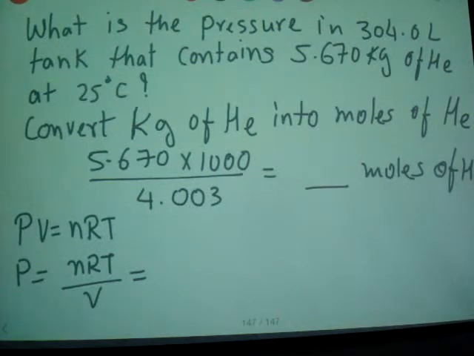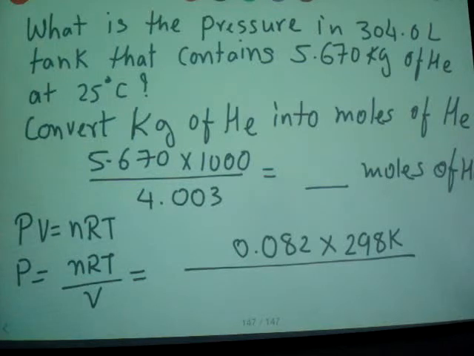What do you find for the number of moles of helium? Go ahead and let me know. And we can plug that in. R value is 0.082. Temperature is 25 degrees Celsius, so you can always convert to 298 Kelvin. Volume is 304.0 liters. Now what do you get for moles of helium?